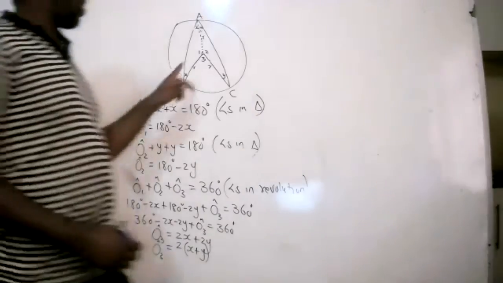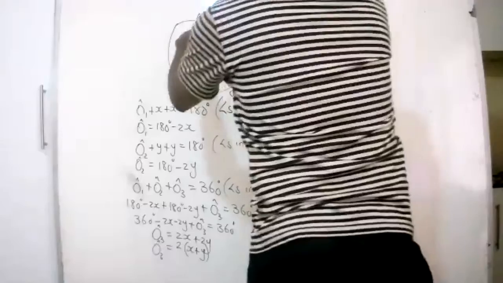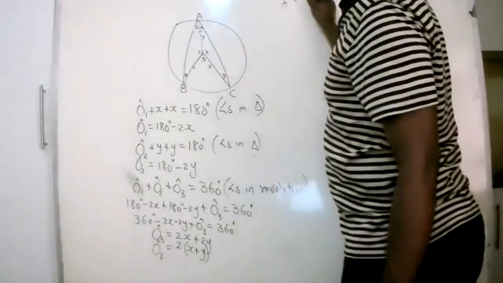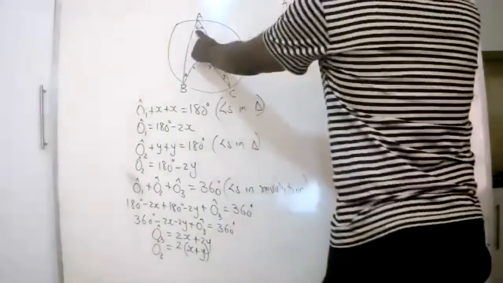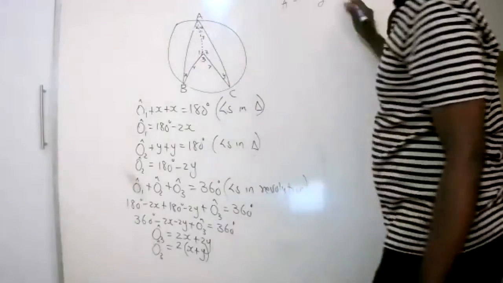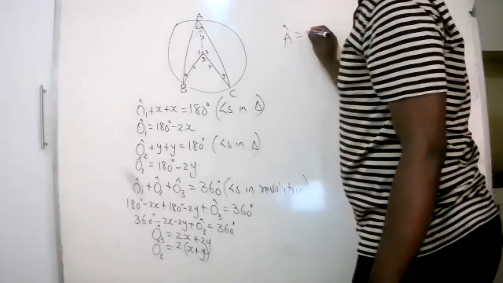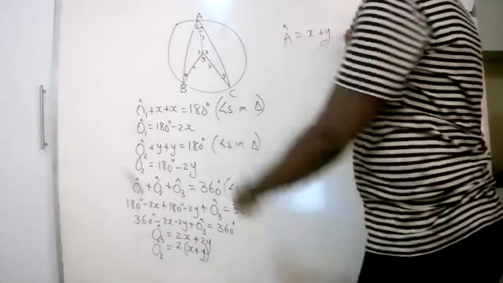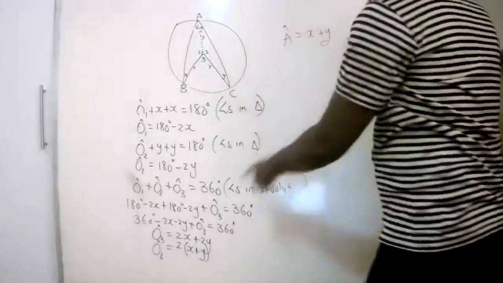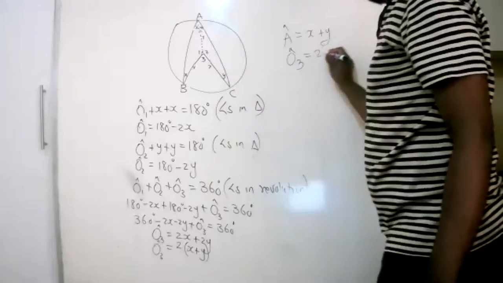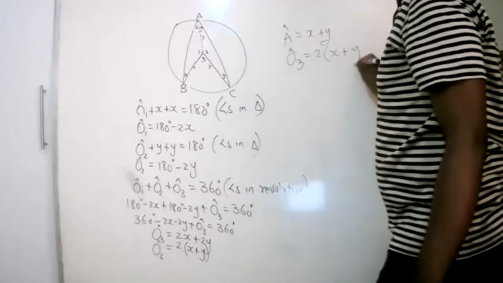But now, let's recall angle A up there. Angle A is the same as x plus y. So this angle up here is x plus y. But now we just found that angle O3 is equal to 2 into x plus y.